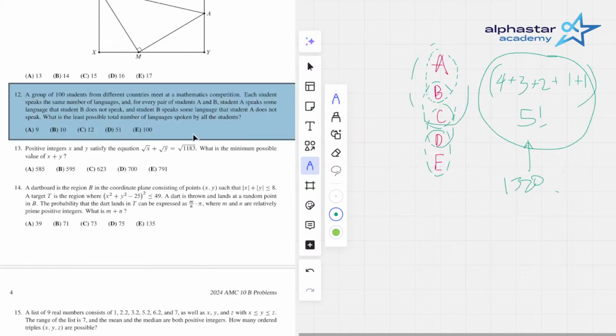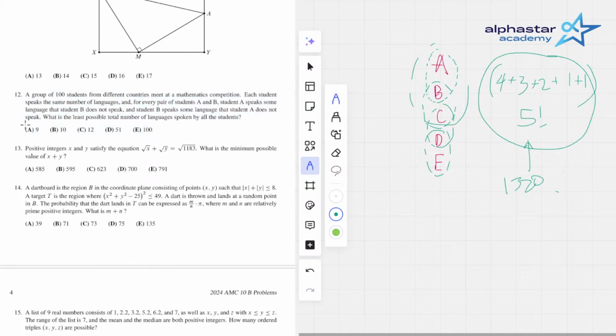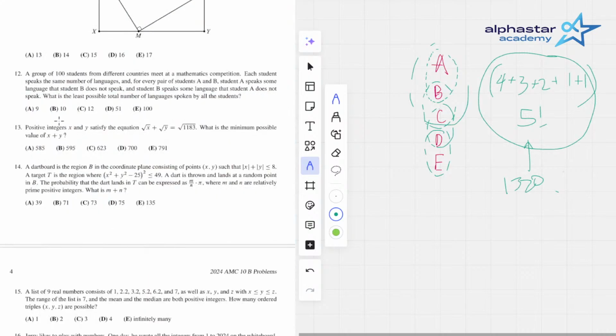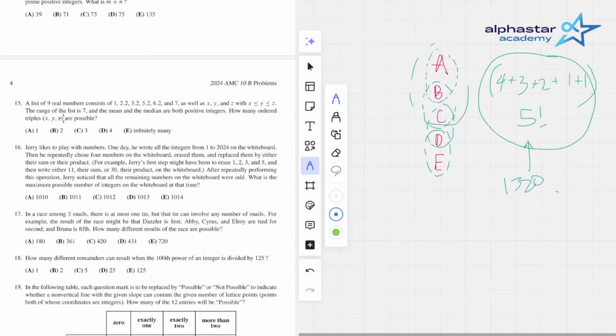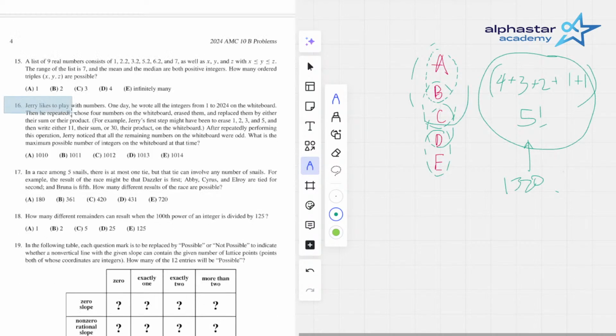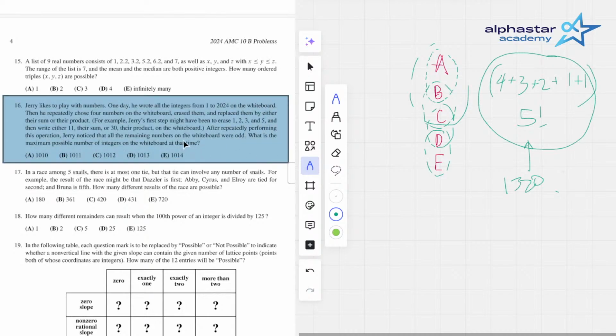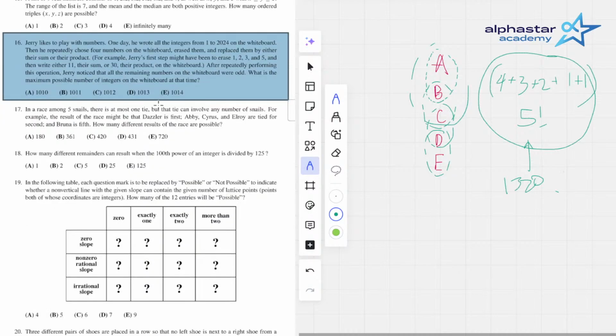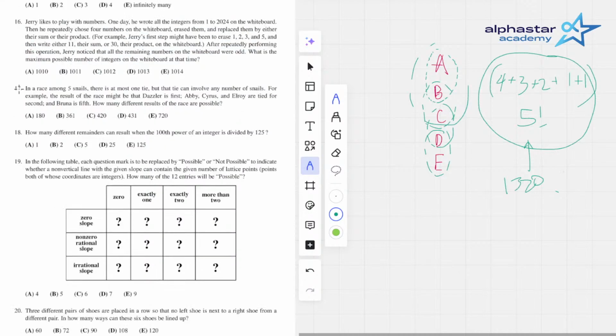I guess number 12 is one example where you see that 9 is possible, and 9 is also the smallest possible answer in the list, so you know you're already right because you found something that works and there's no answer choice less than 9. Another example is number 16, where we figured out that the number of integers is always 2 mod 3, so you always have at least a 50-50 chance on that one.